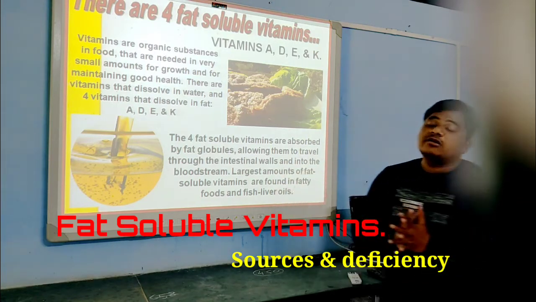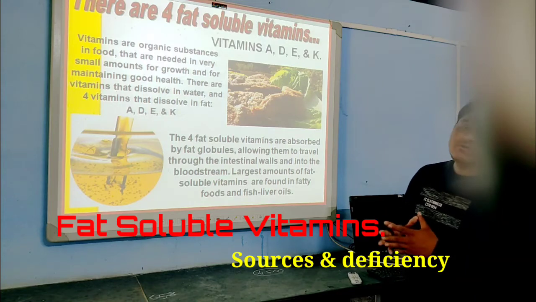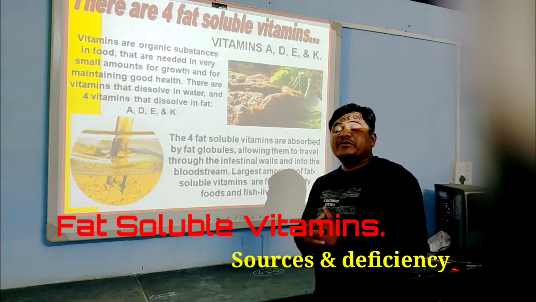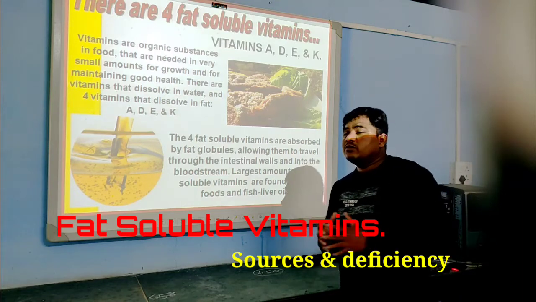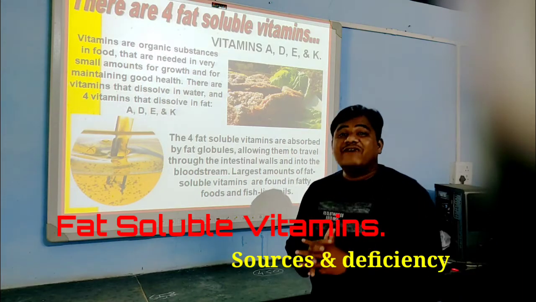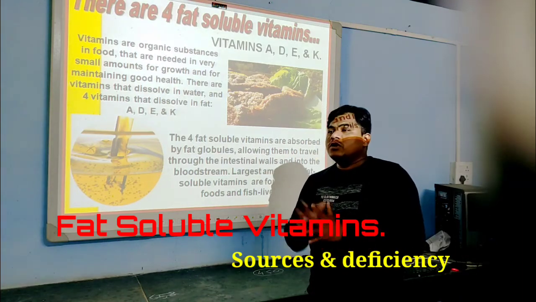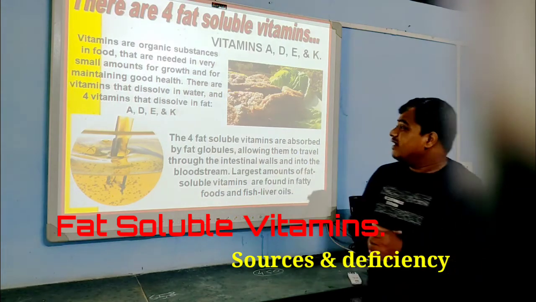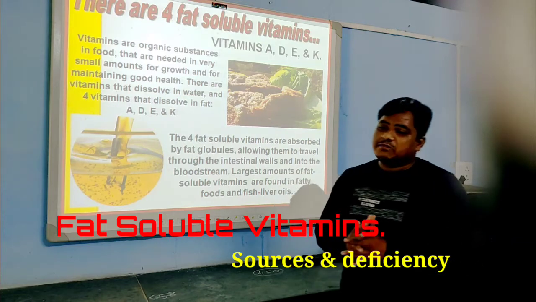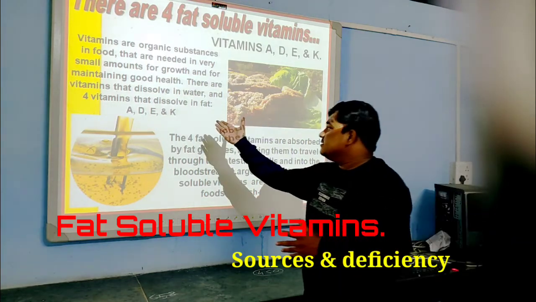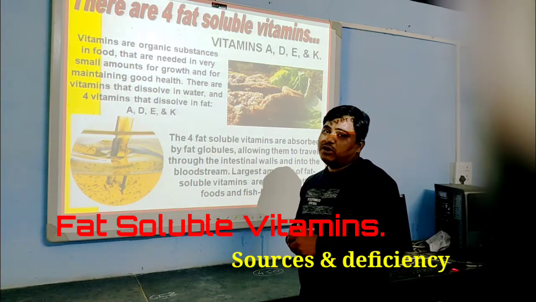There are the vitamins that dissolve in water and the four vitamins that dissolve in fat. That's why today we are going to study the fat soluble vitamins. As you can see here, A, D, E and K are the four fat soluble vitamins.